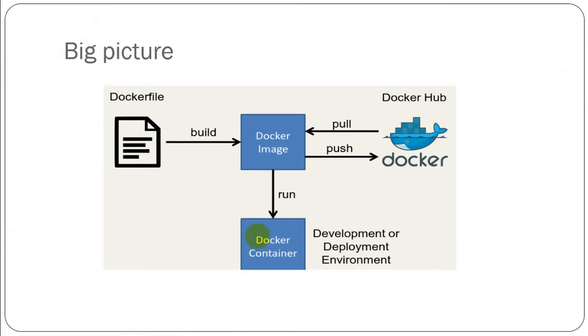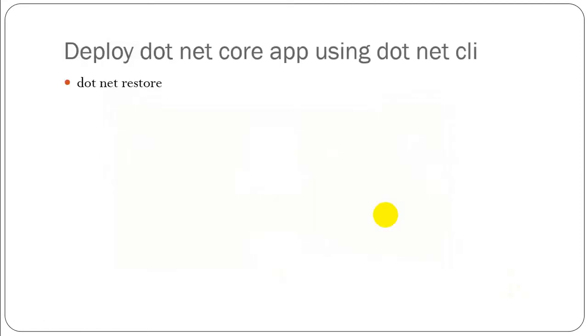Before moving forward, I will show you how we deploy a .NET Core app manually. It is mandatory to know the manual process because Docker basically automates the manual process. We can deploy a .NET Core app in either of two ways. One is using the graphical user interface of Visual Studio, and another one is using the .NET CLI. Here I only want to discuss how to deploy a .NET Core application using the CLI.